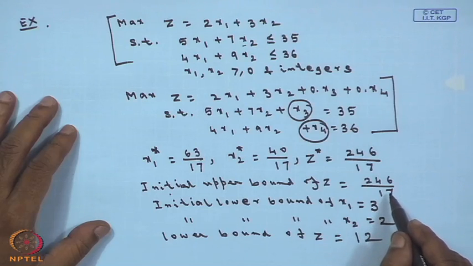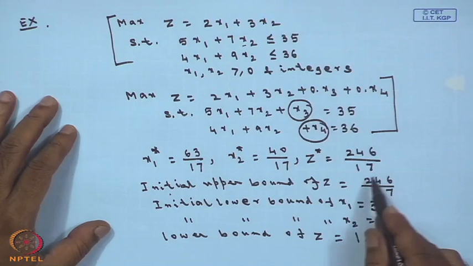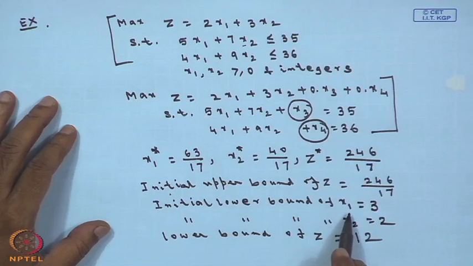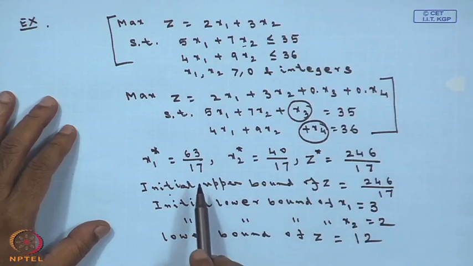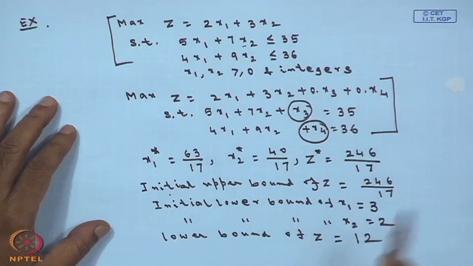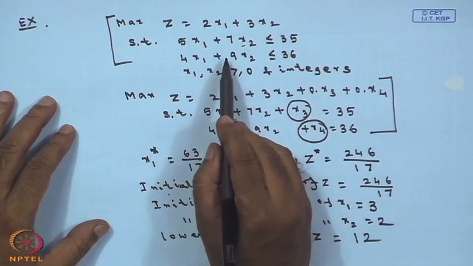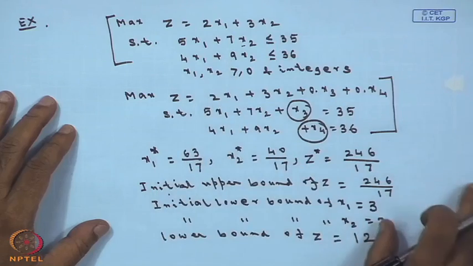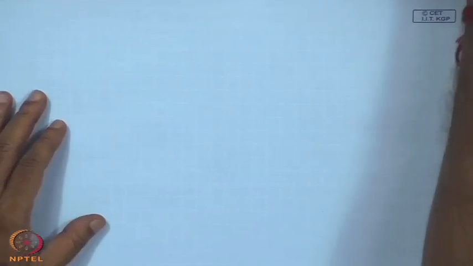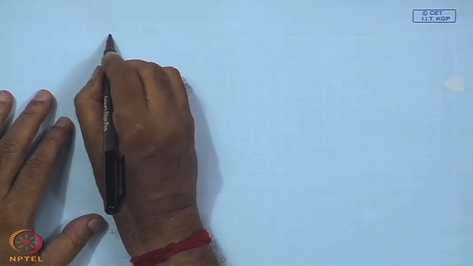Similarly, your profit will never be above 246/17, and the lower bound of x1 and x2 also you have obtained. Now, which variable you have to use? As I have told, the variable which is having the maximum fractional value. Since x1 is having the maximum fractional value, therefore, I will use the restriction on x1. So, this is my original problem. Now I will break it into two subproblems like this. One problem I am writing as SP1.